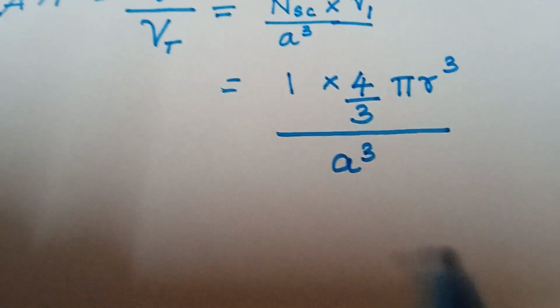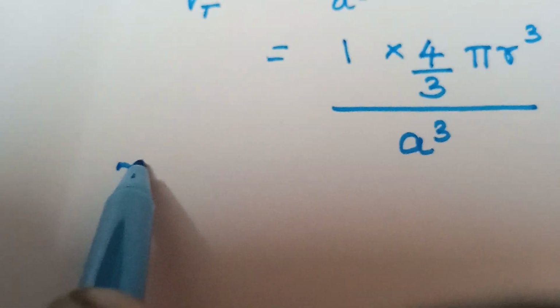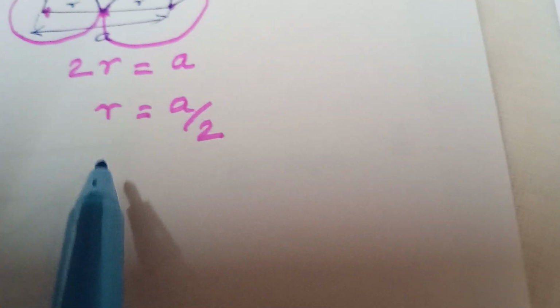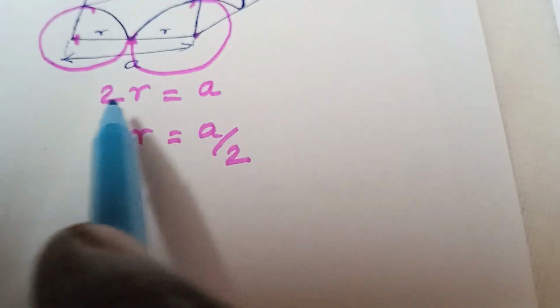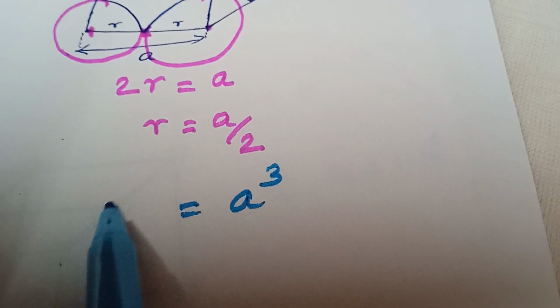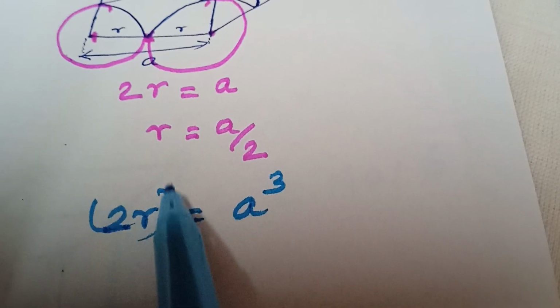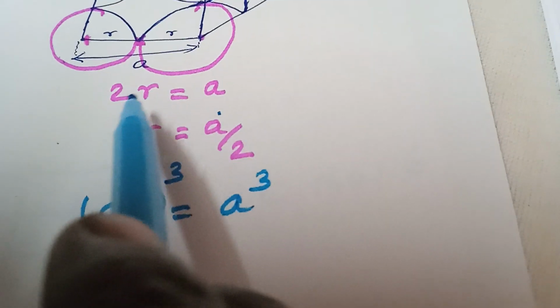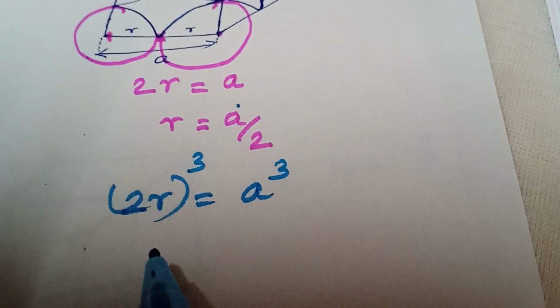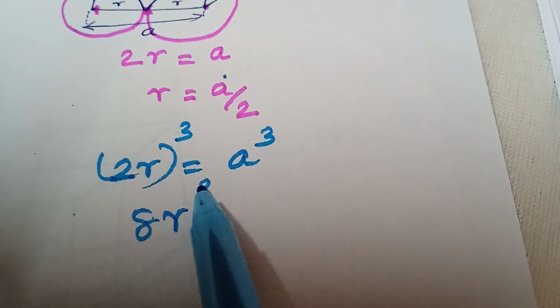Now we know that the radius of the atom is A by 2. Therefore A is equal to 2r, so A cube is equal to 2r the whole cube, which is equal to 8r cube.